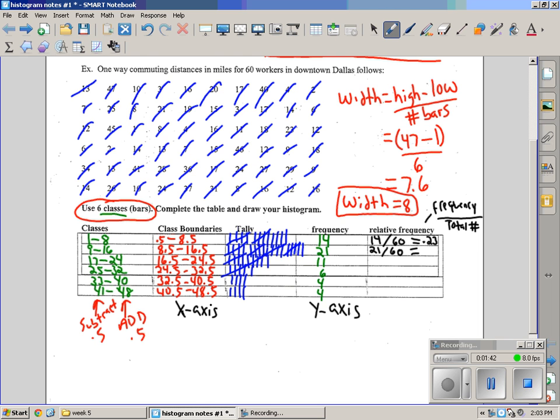So what'd you get when you got 21 divided by 60? 0.35. 6 divided by 60 is 0.10. 11 divided by 60, yeah, 0.183.